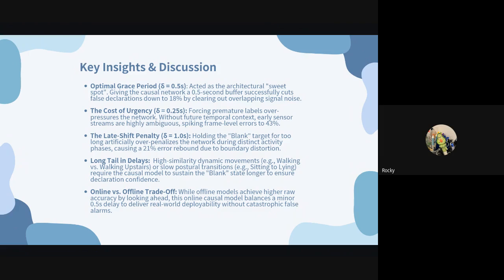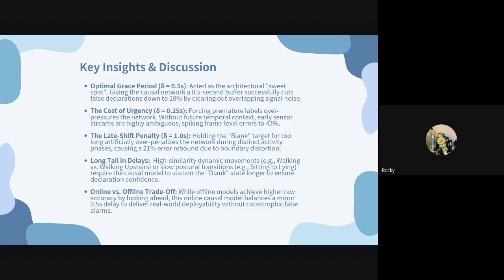In contrast, the 0.25 second setting creates urgency where the network is pressured to predict prematurely, spiking errors to 43%. The 1 second setting over-penalizes the network during training, distorting the decision boundary and causing a 21% error rebound.